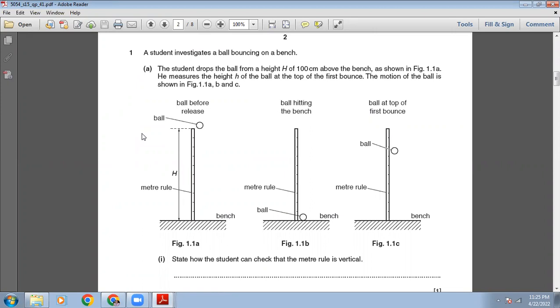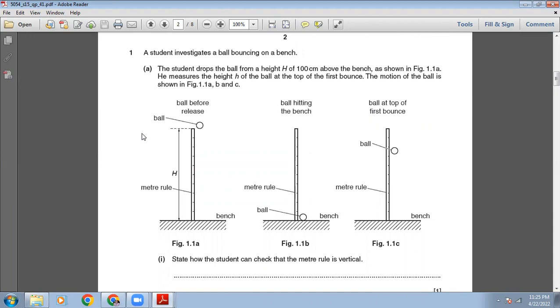The student drops the ball from a height H of 100 centimeters above the bench, as shown in Figure 1.1a. They are calling this height capital H. He measures the height h of the ball at the top of the first bounce. The motion of the ball is shown in Figures 1.1a, b, and c.